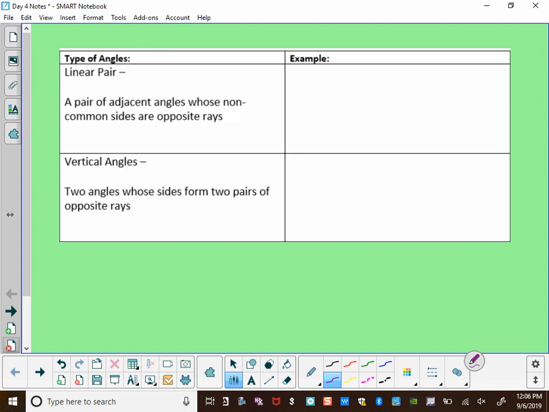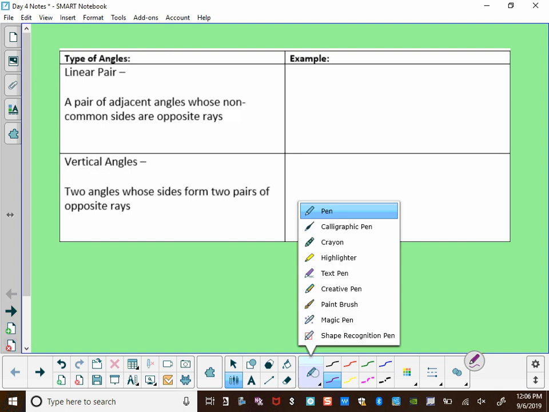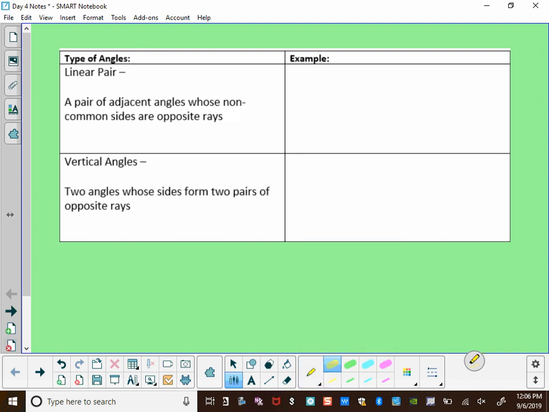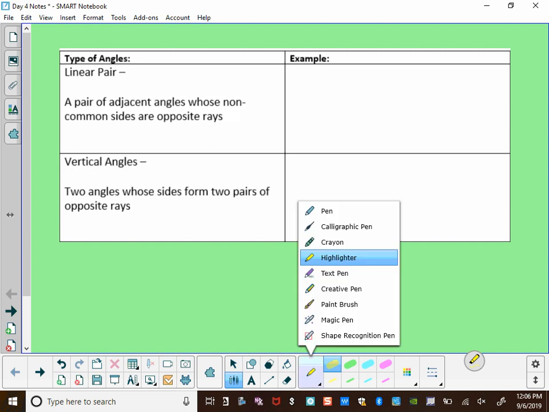Alright, this is where it kind of gets a little tricky. A linear pair. Linear pair is a pair of adjacent angles. You know, adjacent now means right beside each other. So a pair of side-by-side angles whose non-common sides are opposite rays.